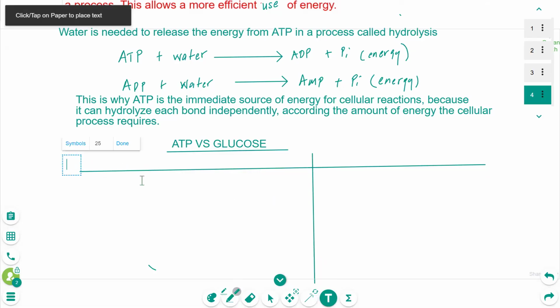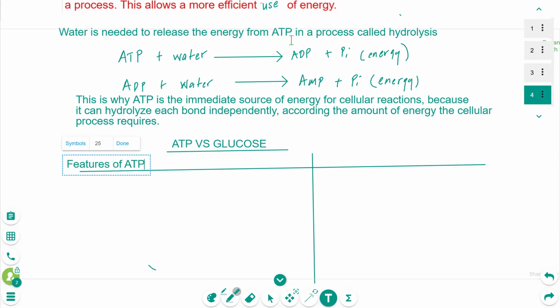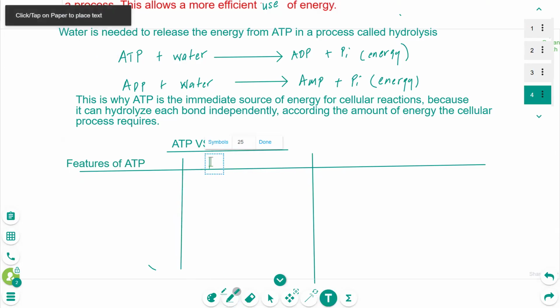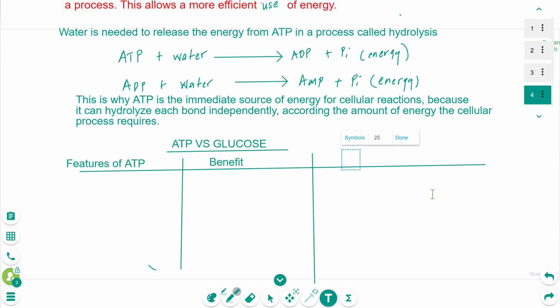I want to look at some features of ATP, then look at the benefit of the feature, and then discuss glucose.